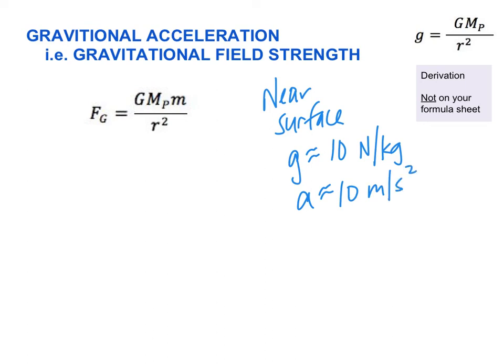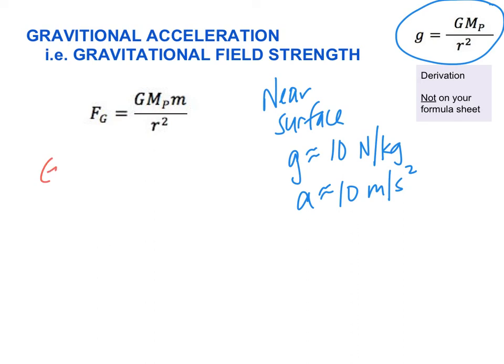That's still true. But if you get further away, it does vary a little bit. We're going to derive this formula up here. As it says, this is not on our formula sheet, but at times we may be asked to state a value of this gravitational acceleration, or the strength of gravity. So we want to make sure we understand it. It's a very easy idea.